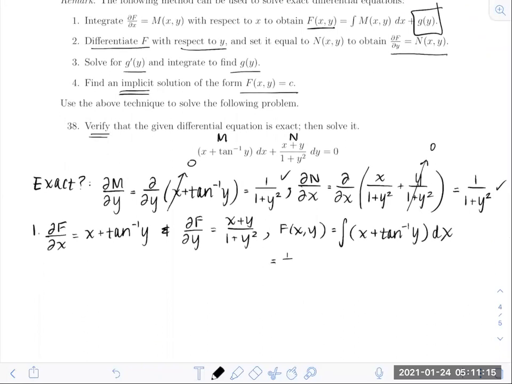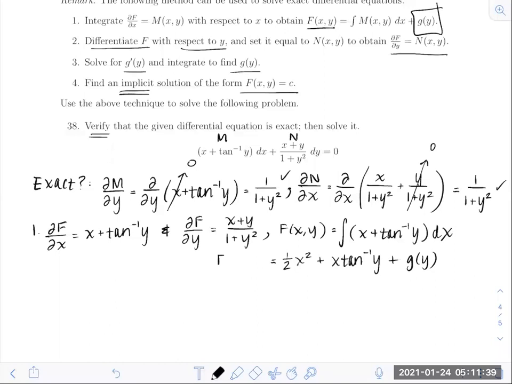This is 1/2 x squared plus x tangent inverse of y. And then here again, instead of writing a plus c, because this was a partial integral of a multivariable function in x and y, it could be a constant or it could be some expression in y. So we're going to just write it generically as g of y.